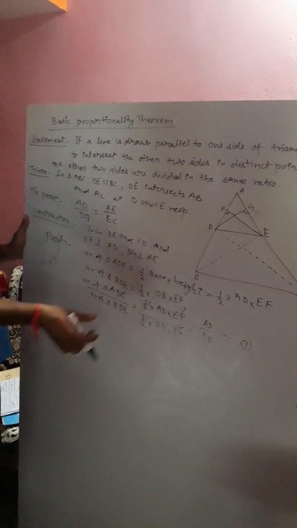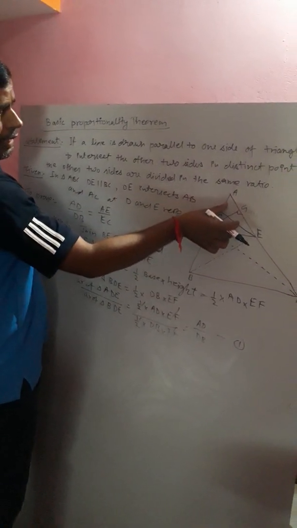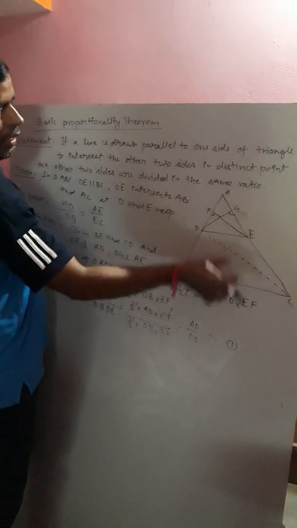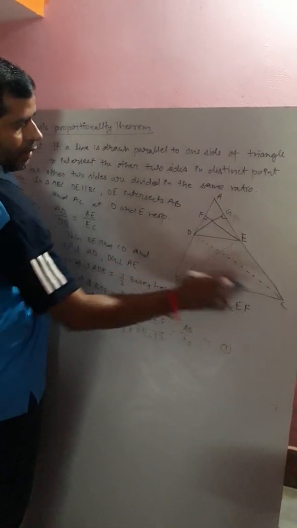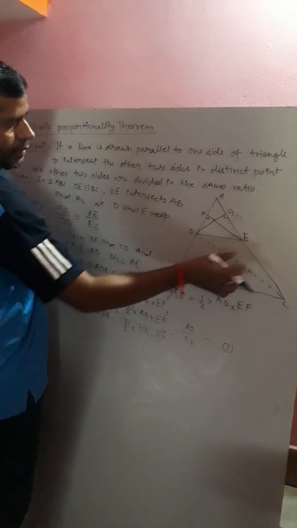Again, we require the area of ADE with the base AE and the area of CDE with the base EC.